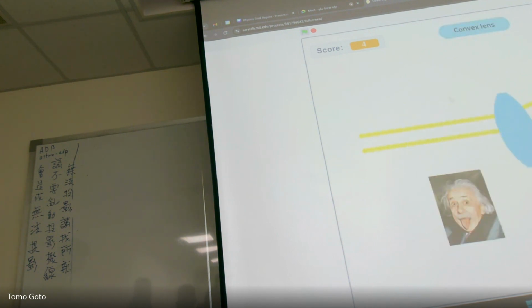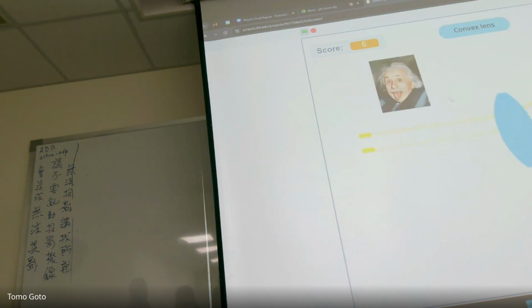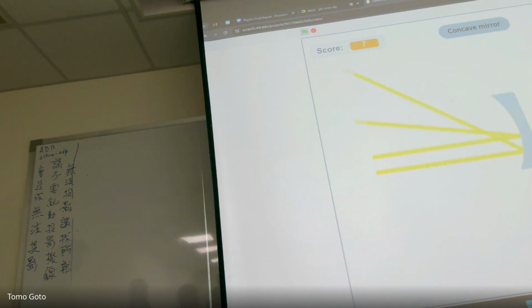The goal of the game is to reach as high a score as you can. You can move it up, left or right, and move the mirrors to change the direction of the light.